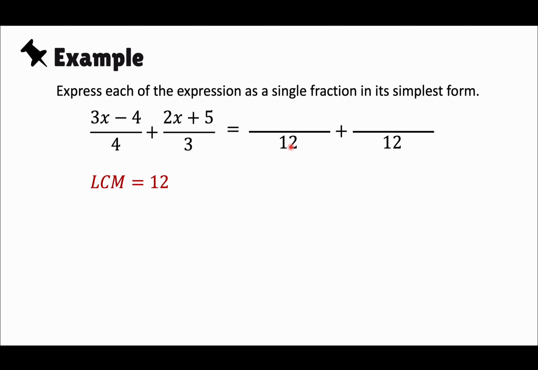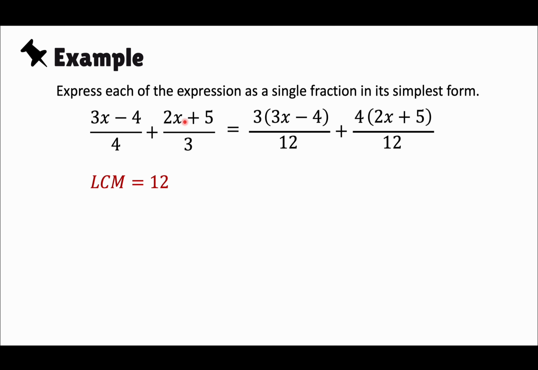Then we do the same thing. 12 divided by 4 is 3, times the numerator 3x minus 4. Do the same on the other side. 12 divided by 3 is 4, times the numerator 2x plus 5.